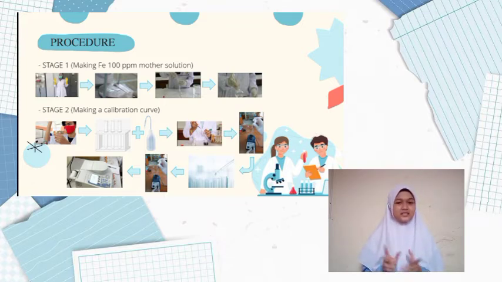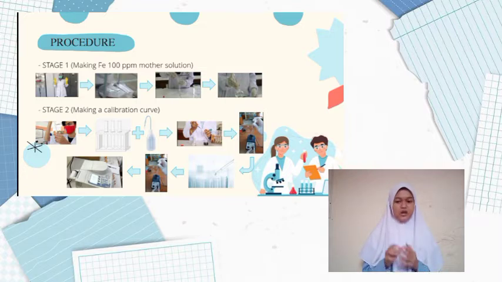Okay, next is stage 2, creating a calibration curve. Firstly, pipette 1 ml, 2 ml, 3 ml, 4 ml, and 5 ml of mother liquor using a measuring pipette. Then put it into a test tube. Add aqua until the volume is exactly 10 ml, and after that add 0.25 ml of 0.01 normal H2SO4 and KMnO4 solution with a dropping pipette.